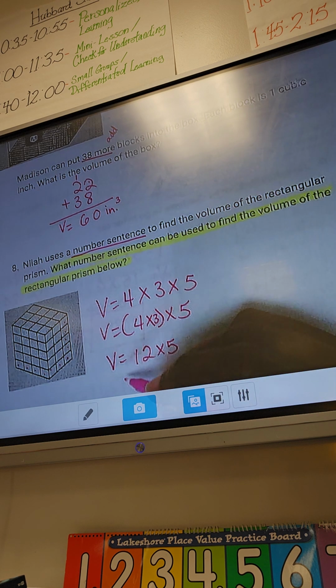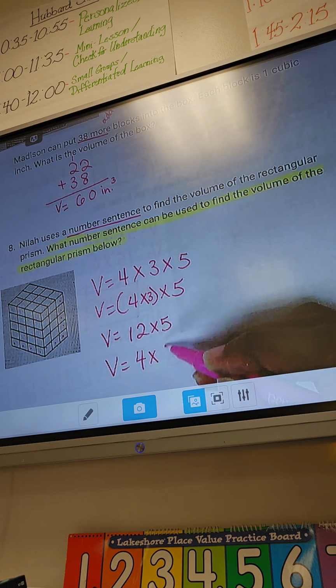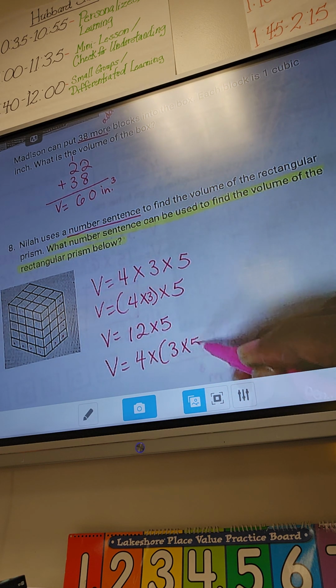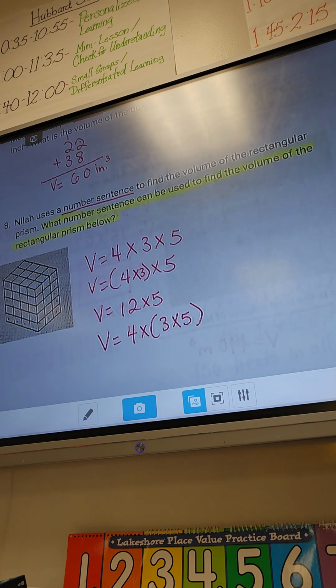You could say volume equals 4 times 3 times 5. There are several ways that you could write that equation or number sentence. Okay, questions about number 8?